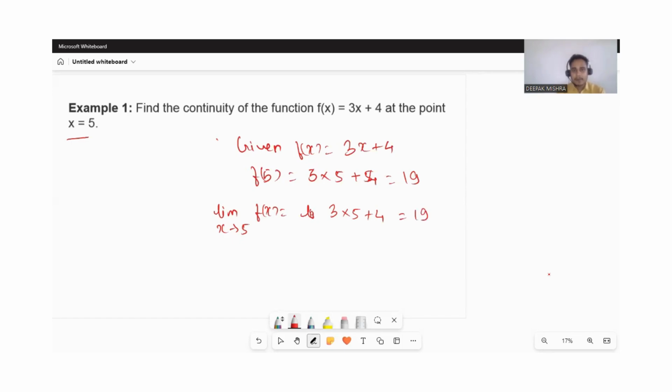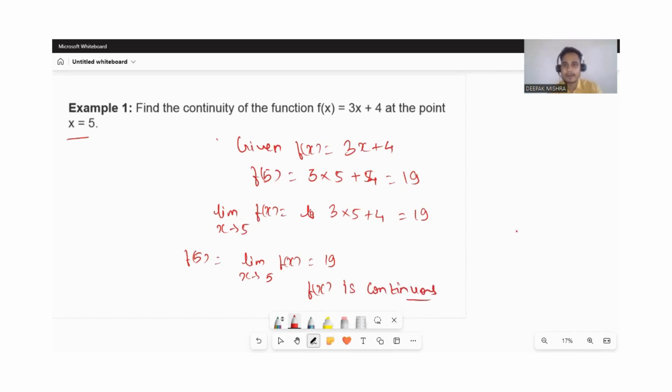Now observe the question. We have the value of f(5) and the limit x tends to 5 of f(x), both are equal, that is 19. Thus we conclude that if the value of a function and the limit of the function at that point are equal, then we can say that the function f(x) is continuous. I think it is clear.